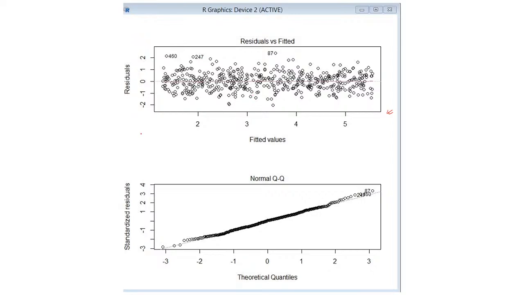That means the assumptions of linearity and equal variance hold.